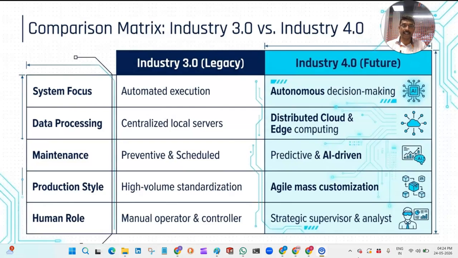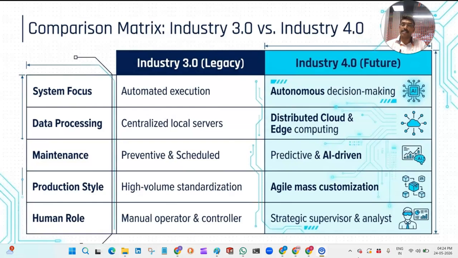It is AI-driven predictive maintenance, in which with the help of artificial intelligence, the failure of a particular system or machine is predicted before the failure occurs. That is why it is called predictive maintenance, and it is a much improved version of the preventive maintenance seen in Industry 3.0.